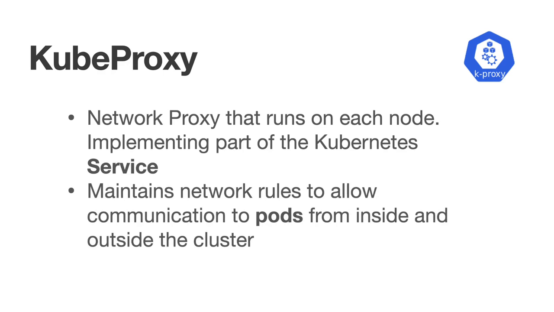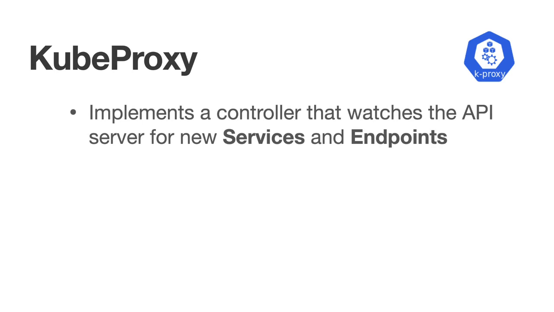Also, early in this course, you've learned about watch loops and controllers. The kube-proxy also implements a controller that watches the API server for new services and endpoints. You've learned about services and endpoints and how they tie together.